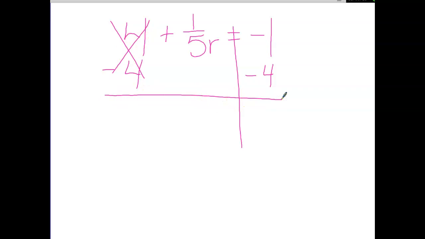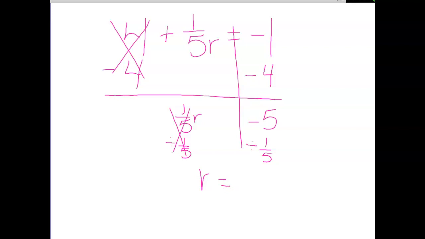I'm left with a positive 1/5 r equals, if I have 1 negative and 4 negatives, I have 5 negatives. Again, 1/5 and r are multiplied, so the opposite is to divide. So I divide by 1/5. R equals, you remember our saying for dividing fractions, keep, change, flip.